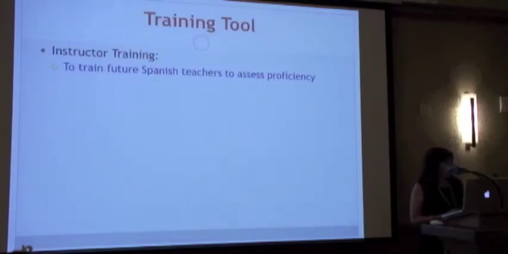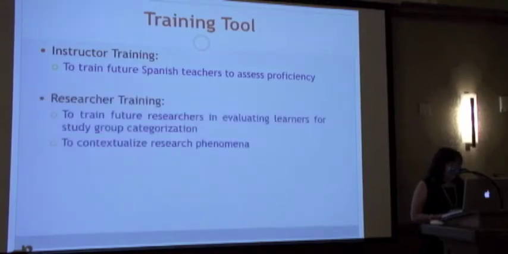It turned out that this website became used for 3 different things. First of all, its primary objective is to train future Spanish teachers to learn to assess proficiency in a general way.